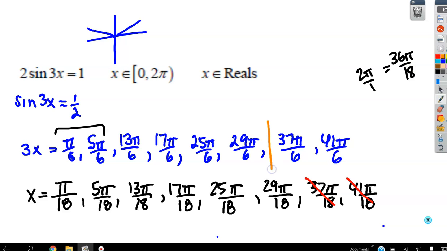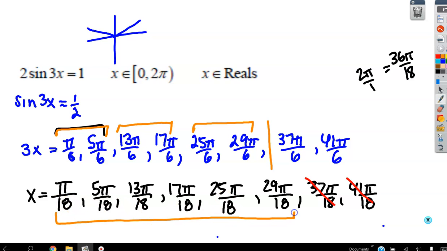It looks like these first ones were included. This was the first wrap. This is me wrapping it a second time, and this is me wrapping it a third time. That is no coincidence, guys. If your coefficient over here is dividing by 3, I'm going to have to do that many wraps so that when I divide by the 3, it still fits from 0 to 2 pi.